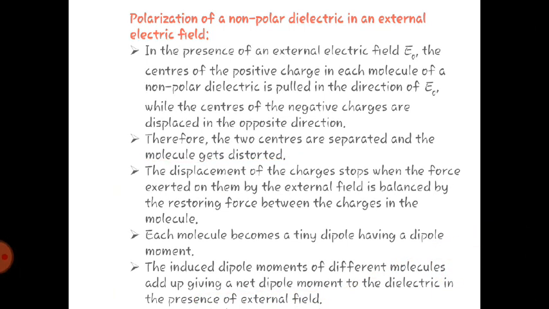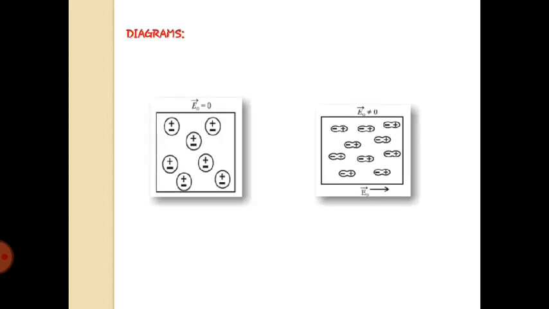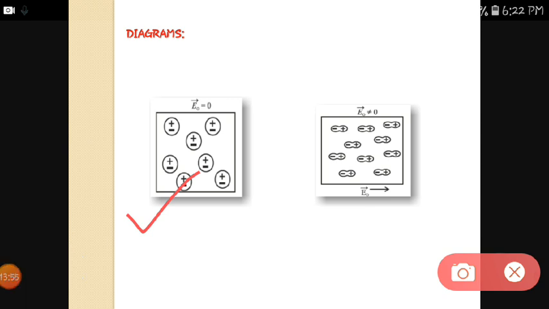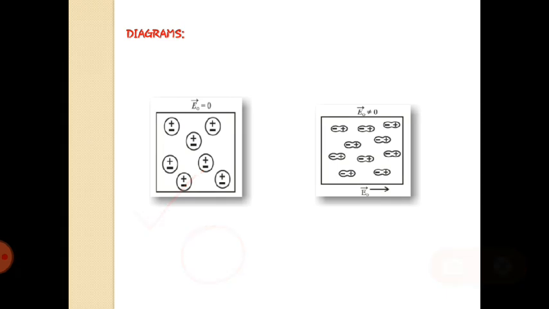Let's see the diagram for this. The first diagram shows non-polar dielectrics when the electric field is not there. See here, they are paired up, they coincide because plus and minus are in one circle only. So this is non-polar, right?